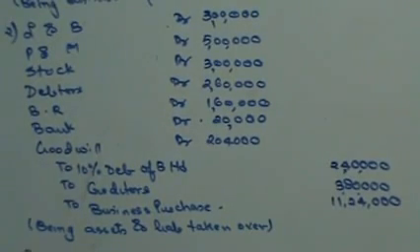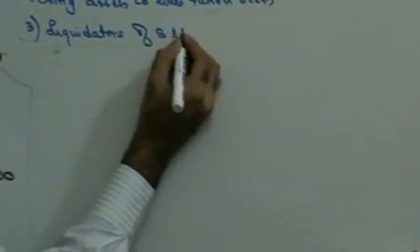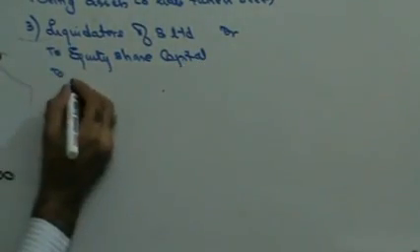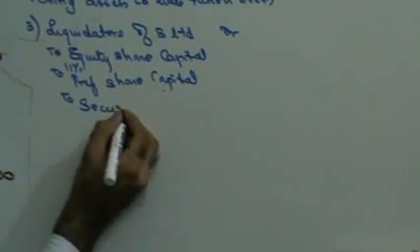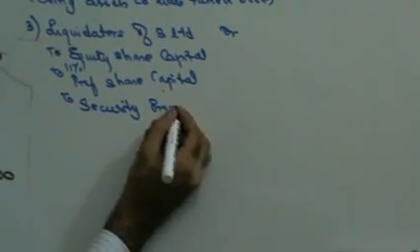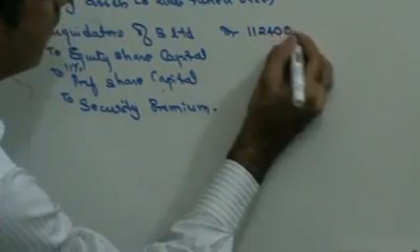Once you've done that, then you have to pay. Debit the liquidators of B Limited. You are going to be paying them equity share capital, and also 11% preference share capital, to securities premium. Liquidators is 11,24,000.